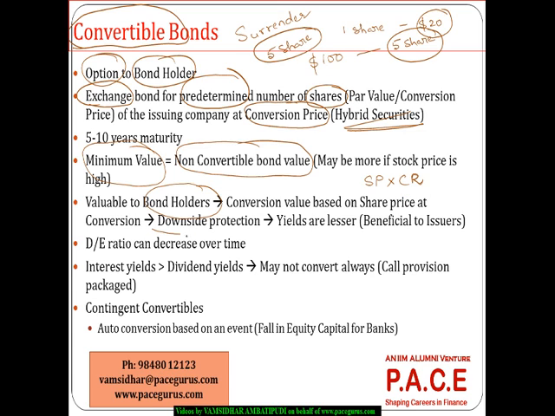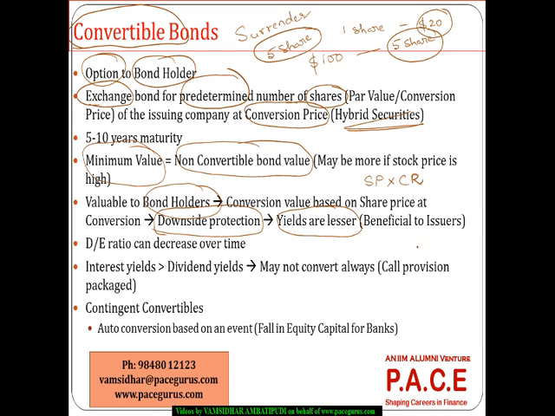And we could clearly see that there is downside protection because there is no loss below the non-convertible bond's value. Because they are more and more beneficial to the investor, the issuer can offer lesser yields on those bonds, and that is one benefit that the issuer can typically look at.